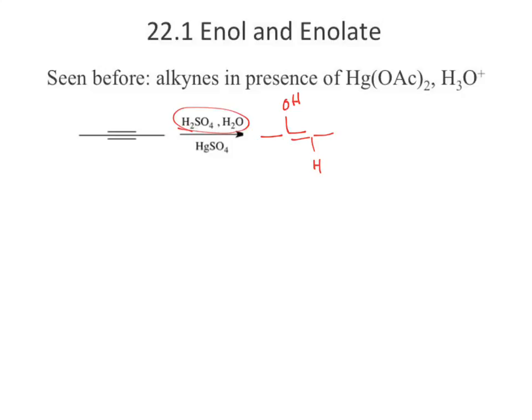Problem with that structure is that the pi bond is now really close to the oxygen, and we end up seeing what's known as a tautomerization. That tautomerization turns it over into the ketone. So the acid addition that we would do with a pi bond generates that carbonyl. We have seen this before, we just weren't trying to take advantage of that chemistry.